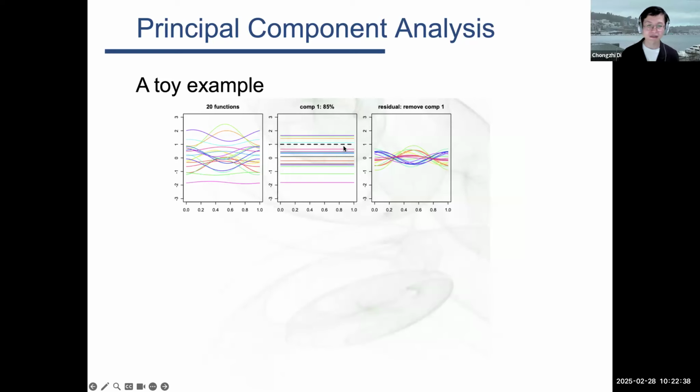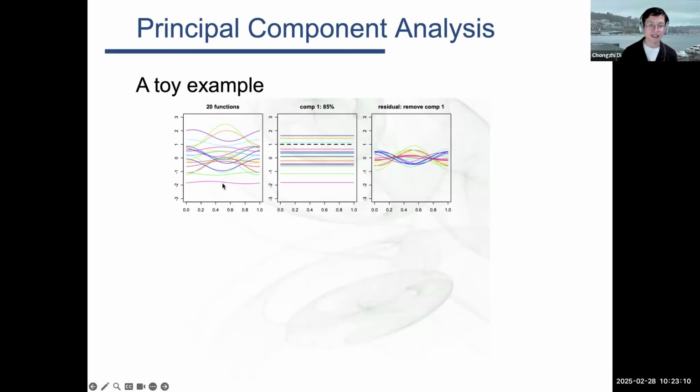What that means is that for each curve, let's see this purple curve here, I would try to represent it as a multiple of these constant functions. For example, I take the average of these values and make a flat function from there. That would be a good approximation of this purple curve.